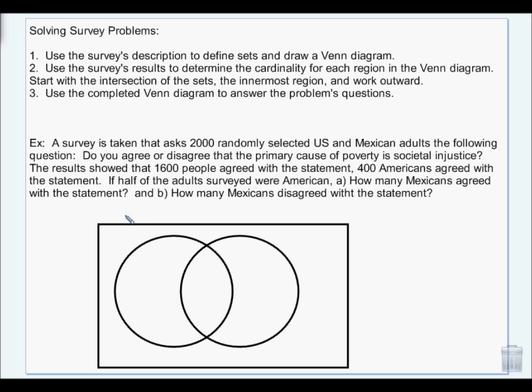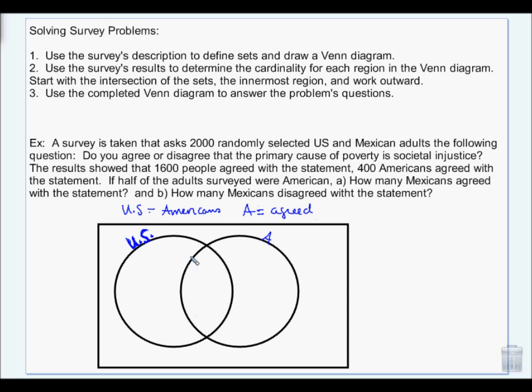So what we're going to do is this: U.S. are people being interviewed in the U.S. These are all the people that agree. So U.S. is Americans. A is for agree.